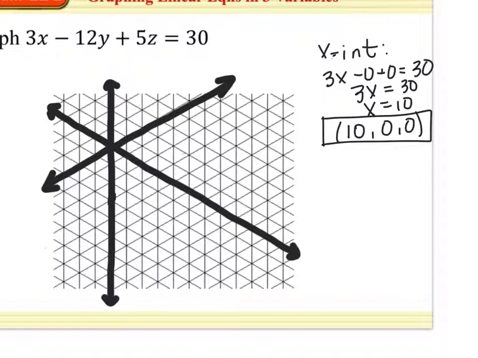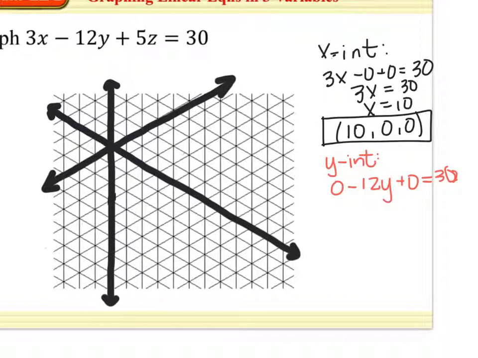For the y-intercept, I know that x and z are 0, so I have 0 minus 12y plus 0 equals 30.